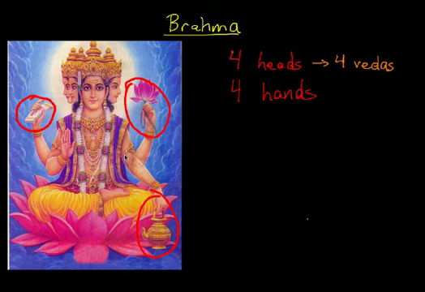Knowledge. In this hand right here, I don't know if you can really see it, but this is called a rosary or a mala. It looks like a bunch of beads. These beads are a devotional piece. A lot of people use it when they're praying. They count the beads while they're doing it.